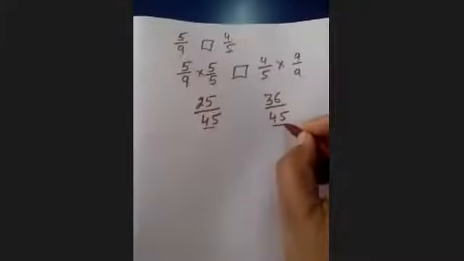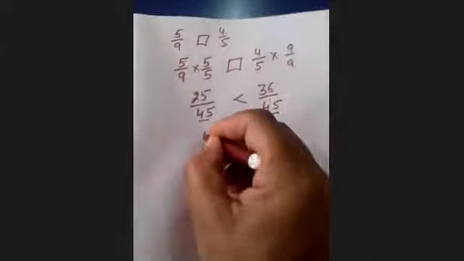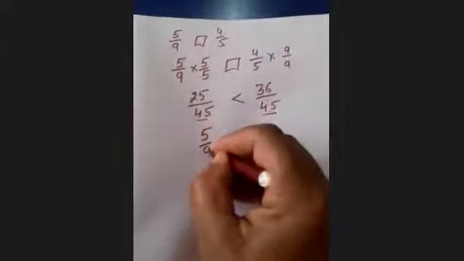Now we can compare these fraction numbers, 25 and 36. 25 is less than 36. It means 5 upon 9 is less than 4 upon 5. It means 4 upon 5 is greater.